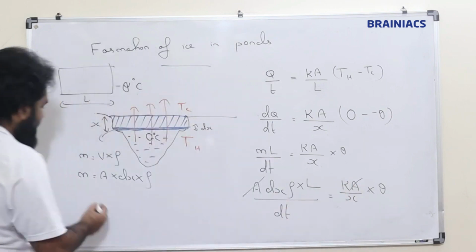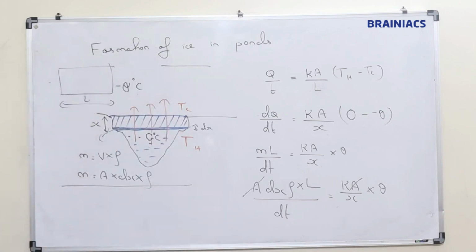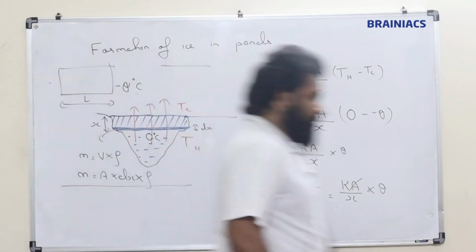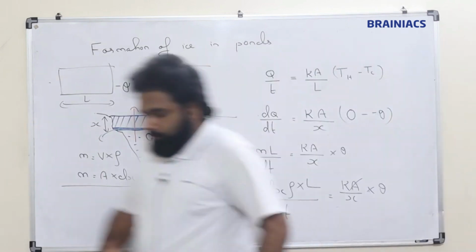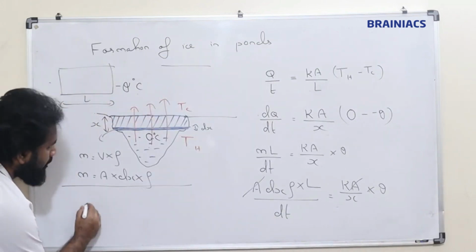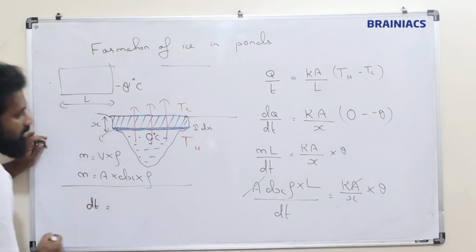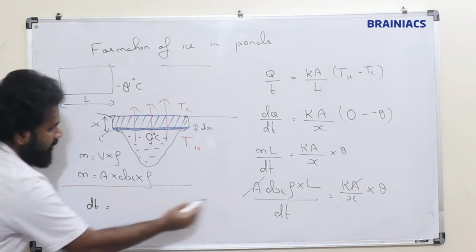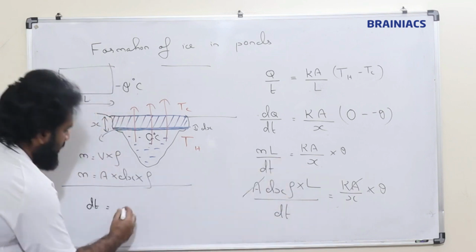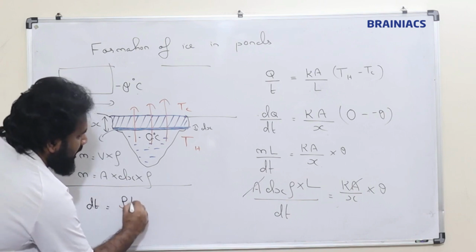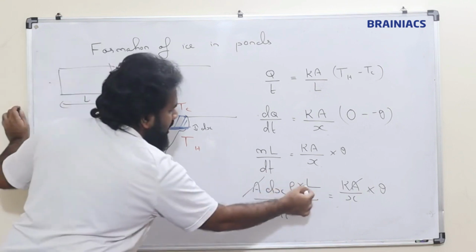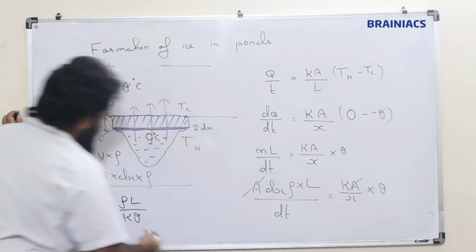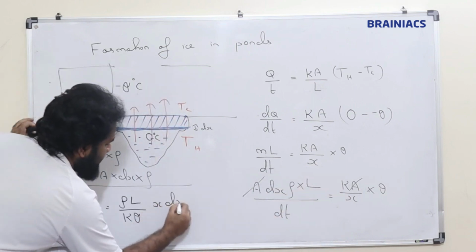Now dt is equal to, x will come to this side, dt will go to that side, so dt is equal to rho L divided by k theta into x dx.